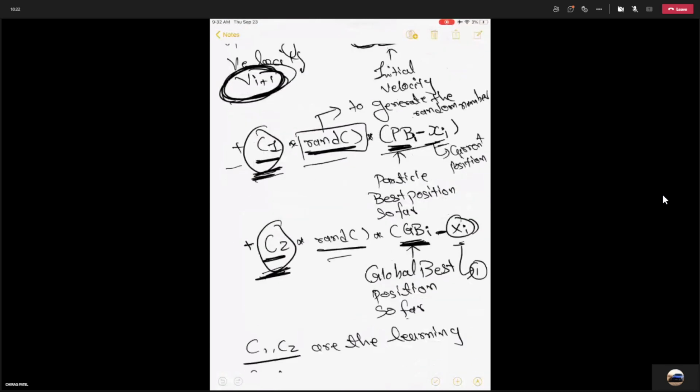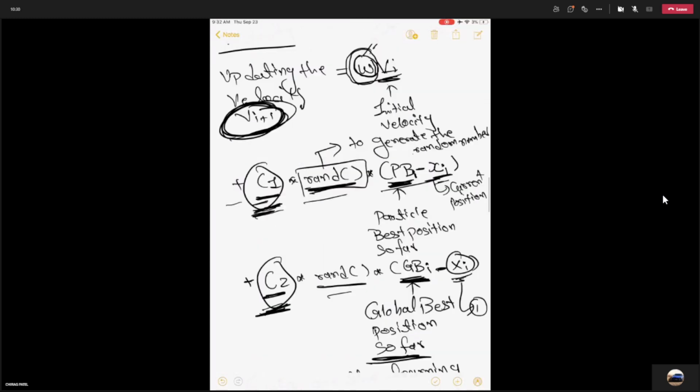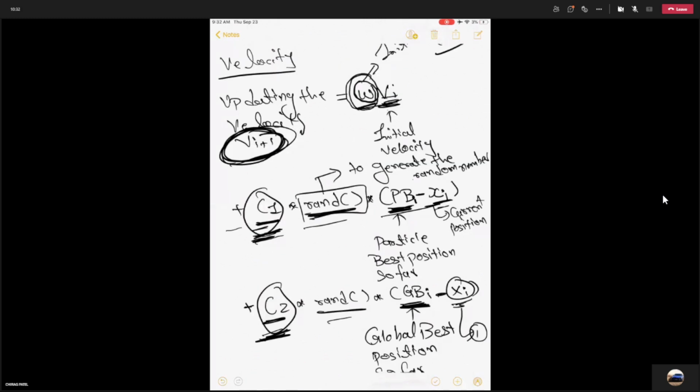Now you have the global best, current position, personal best, current positions, random numbers, C1, C2, W and V1. Now you need to find WV1 plus, meaning V2. You have all the values of all the parameters. Please substitute them and tell me what is V2.